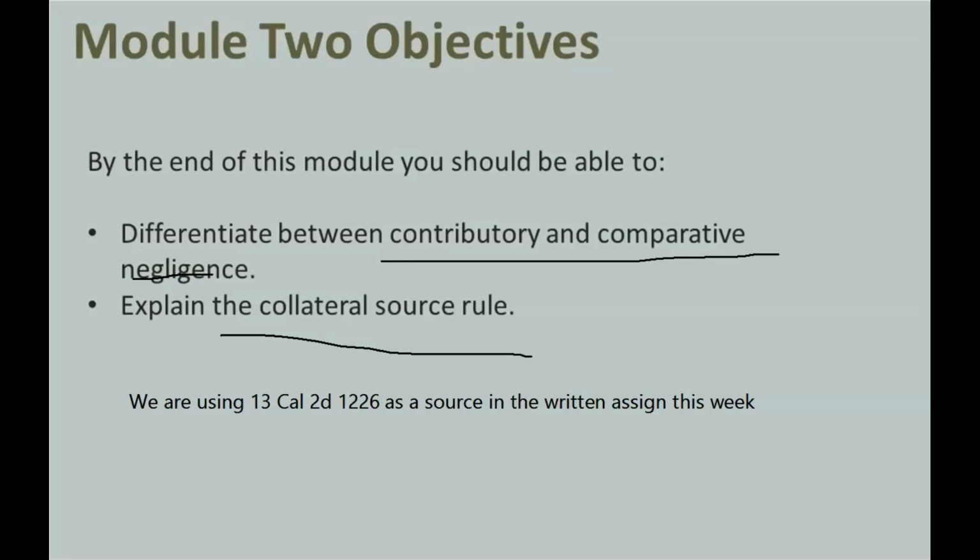Yeah, we're just trying to see where our sources are on contributory and comparative, and basically use the text, chapter 6, and go to the case in the text, Lee versus Yellow Cab.